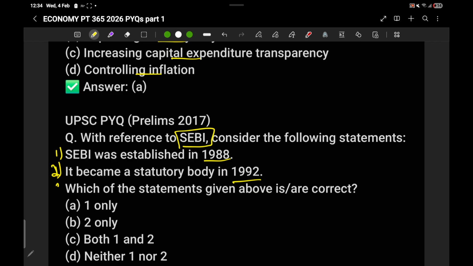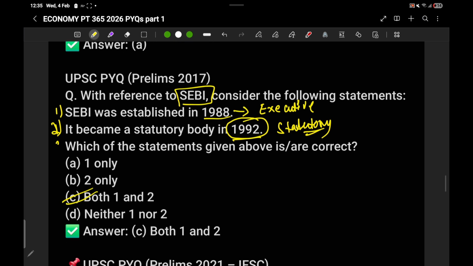Fine. Yeah, let's stop it. SEBI was established in 1988. Yes, to start with it was established as an executive body. We have seen it yesterday. Later in 1992, it was made a statutory body by passing a parliamentary law. Okay, so both the statements are correct. Let's go to the next question.